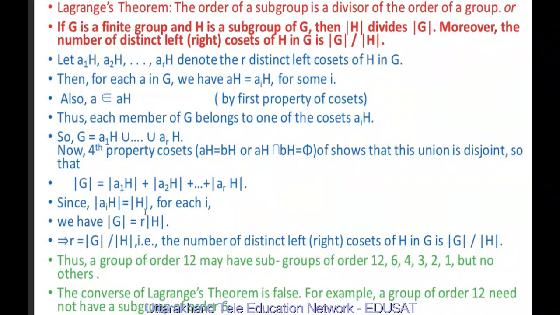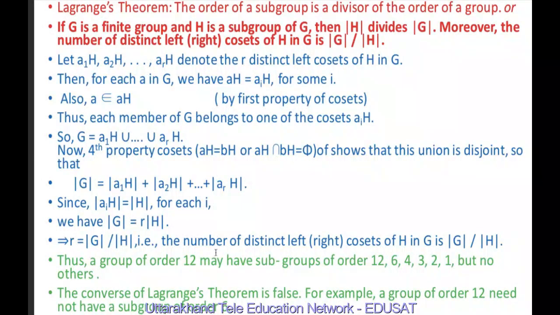So the number of elements in G is equal to r times the number of elements in H. It means the order of G is equal to r times the order of H, so the order of H divides the order of G. Thus we conclude that the order of a subgroup is a divisor of the order of a group. Also we may write it as r equal to the order of G upon the order of H.